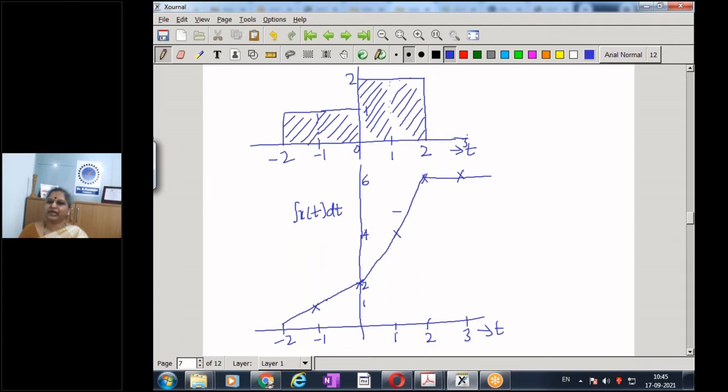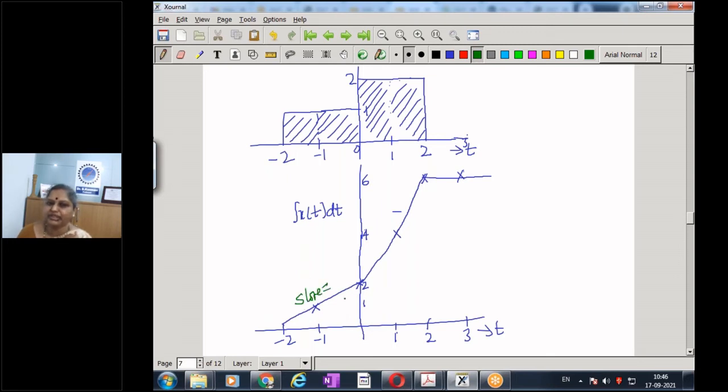So what is the slope? Since when we draw by hand, it will not be so clear, it's a good practice to write the slope of the line. What is the slope in this interval, -2 to 0? What is the slope here?